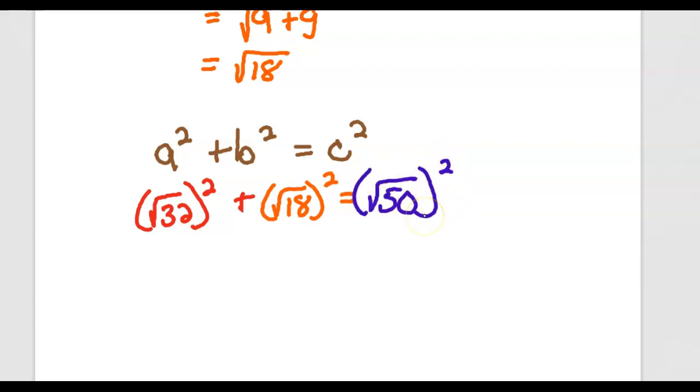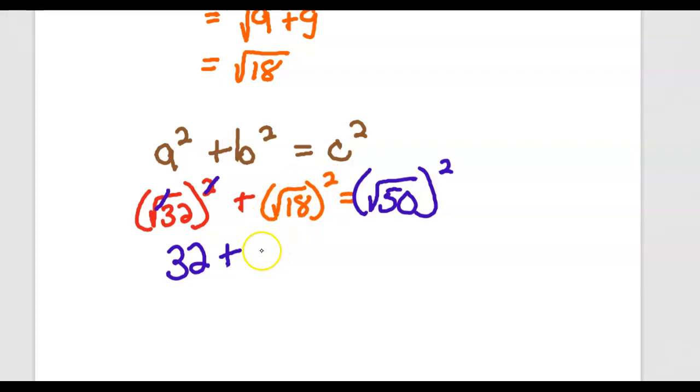Now the reason why I did not break these down and I left the square roots here is because, if you recall, a square will cancel a square root as long as it's just a single number underneath there. So taking the square root of 32 and then squaring it gives me 32.